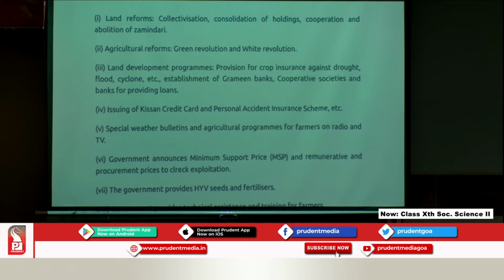Land development programs like provision for crop insurance against drought, flood and cyclone. See, when a farmer grows crops, if there is a drought, we have seen what has happened to farmers of the surrounding states. They sometimes had to take the extreme step of even committing suicide. That is not fair for a person who works hard in his field in order to give us food on our plates.